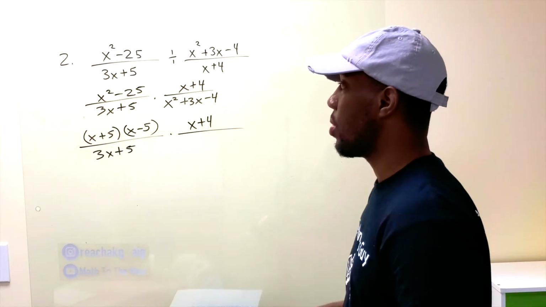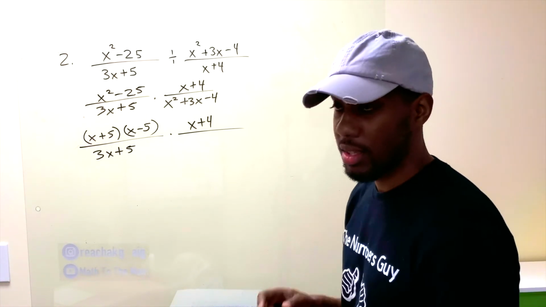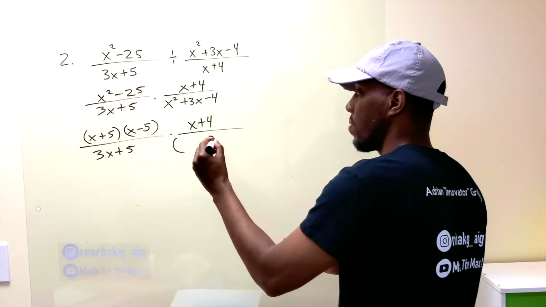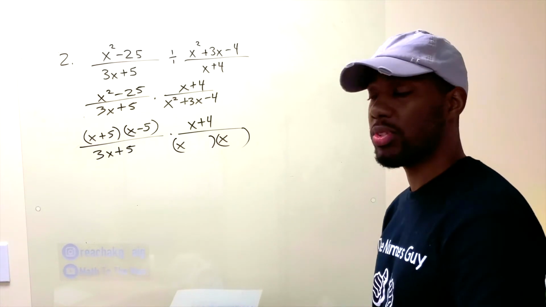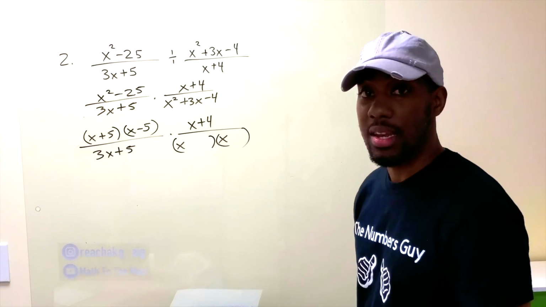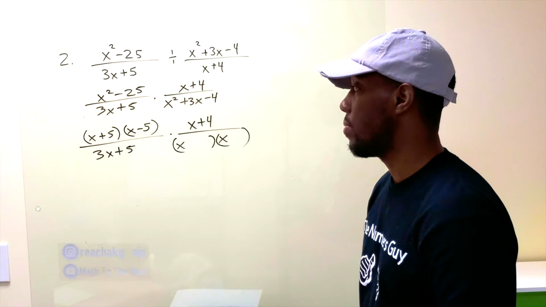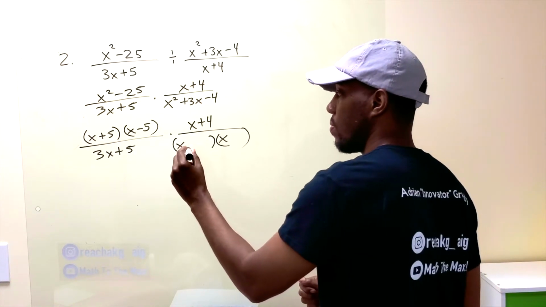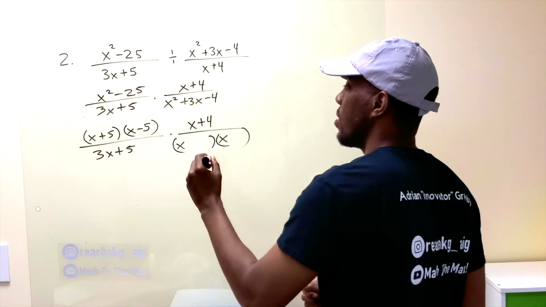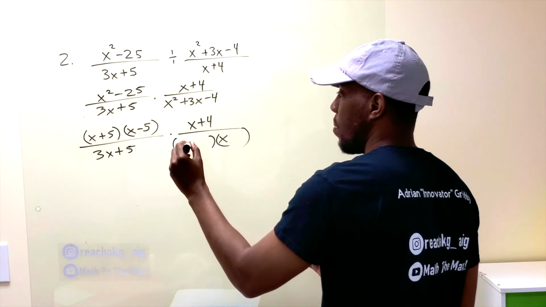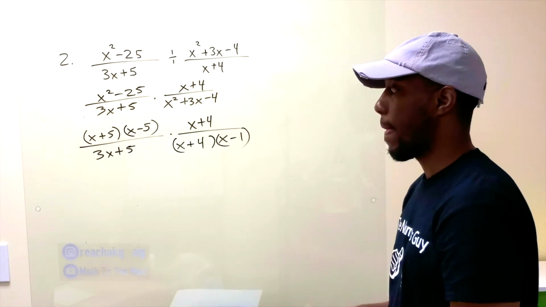Is x squared plus 3x minus 4 factorable? Yes. What are the two numbers that multiply to be -4 and add to give us 3? It is +4 and -1.